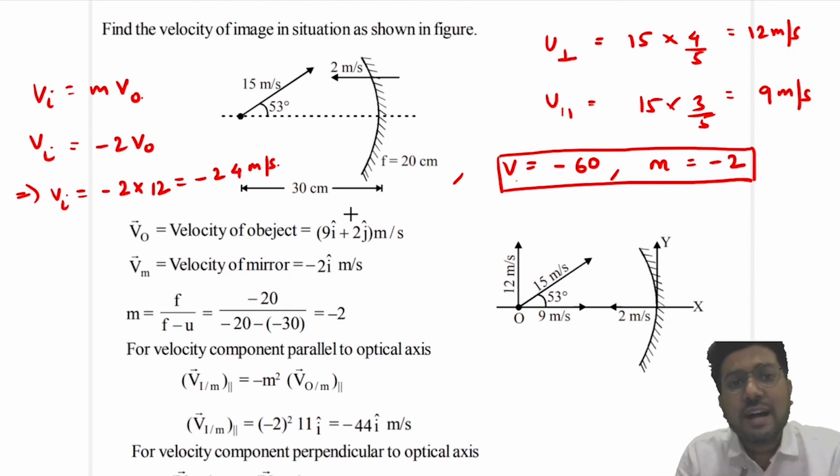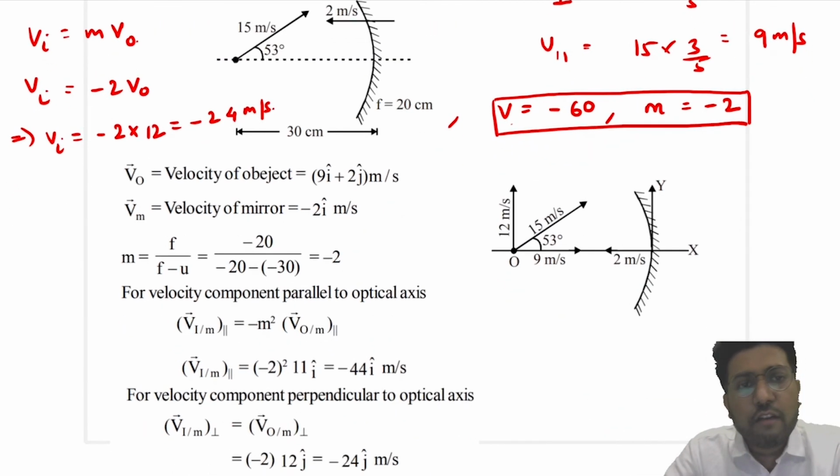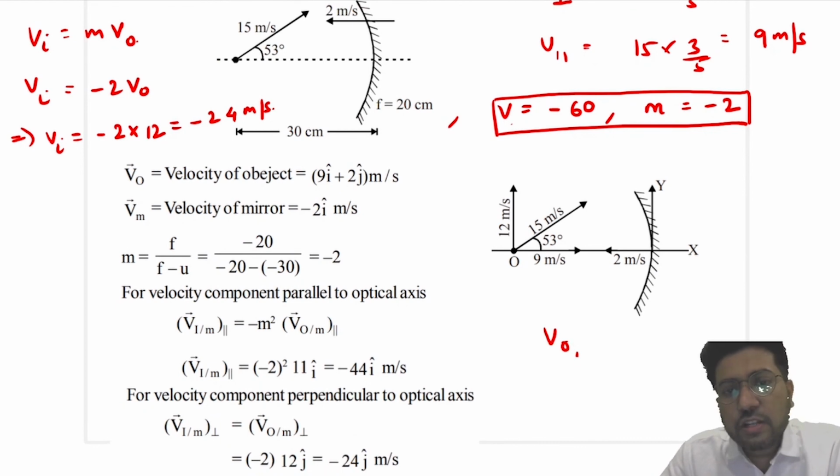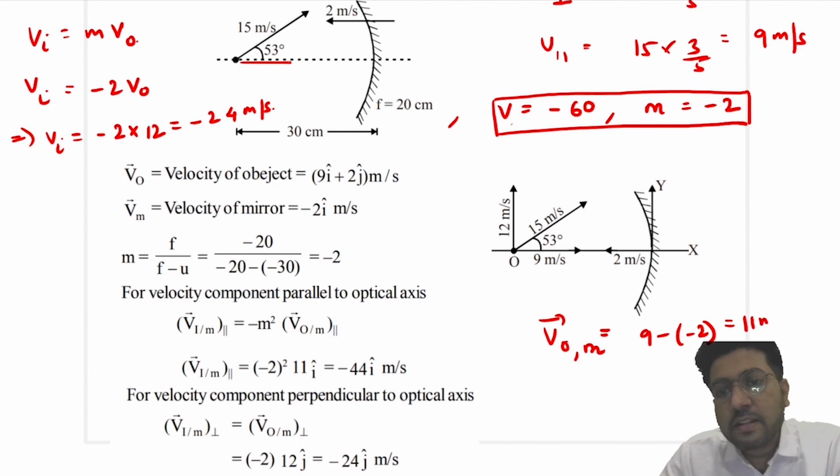Now comes the longitudinal part. Because this mirror is also moving, I will write the velocity of object with respect to mirror is equal to 9 minus minus 2, that is 11 meter per second, since this velocity component is 9 and this is 2.